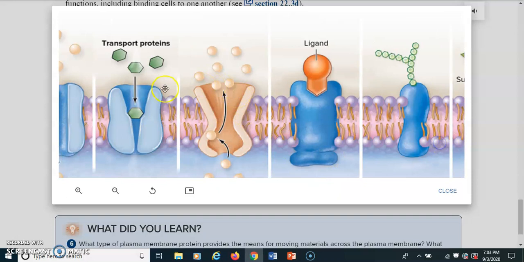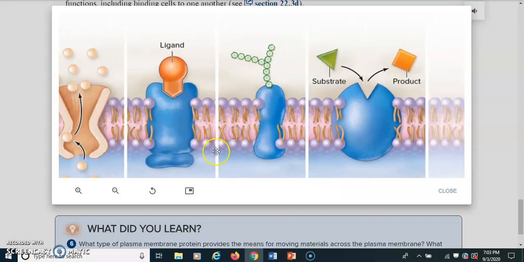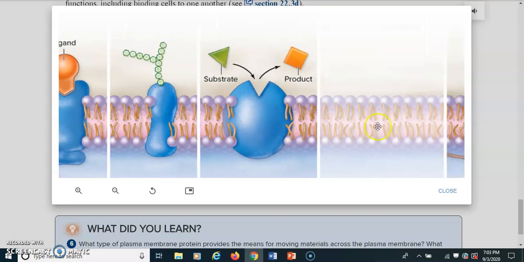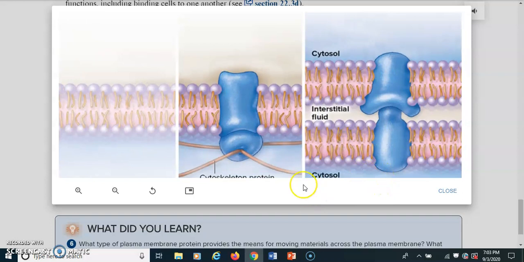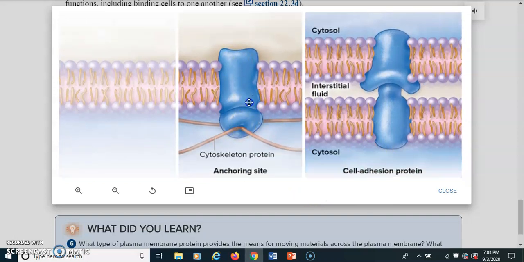All right, so they can serve as transport proteins, cell surface receptors, identity markers, enzymes. And then the last 2 ways that they can function in the cell or plasma membrane is they can function as an anchor site. So this would help with maintaining the structure of the cell.